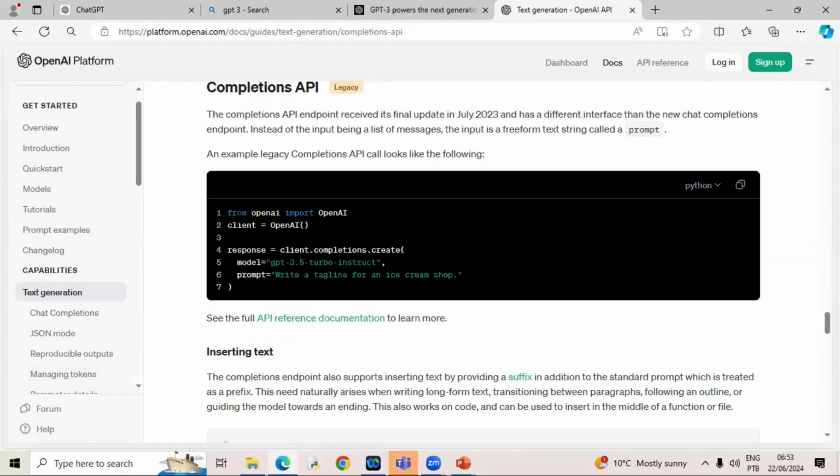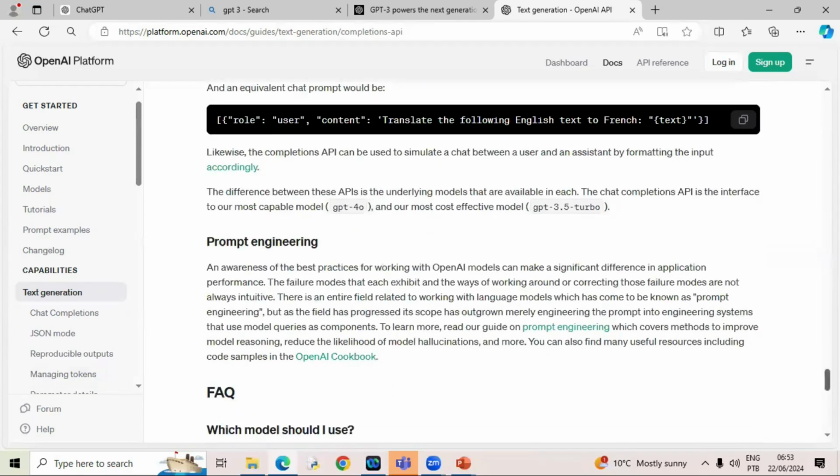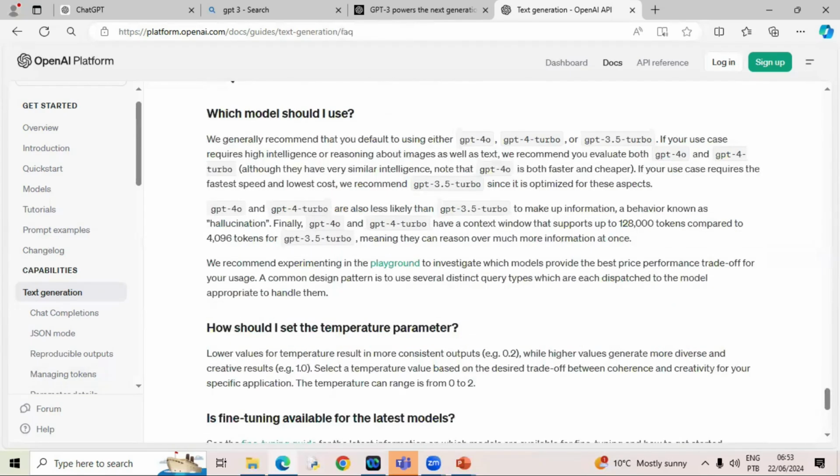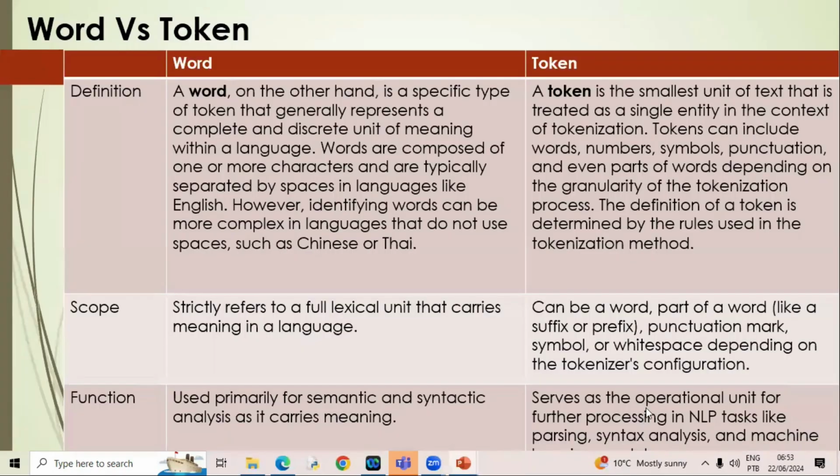So all these language models use the tokenization process to divide any instruction into small tokens. And from there, they can analyze what exactly is the meaning of the sentence. Now, a word strictly refers to a full lexical unit that carries meaning in a language.